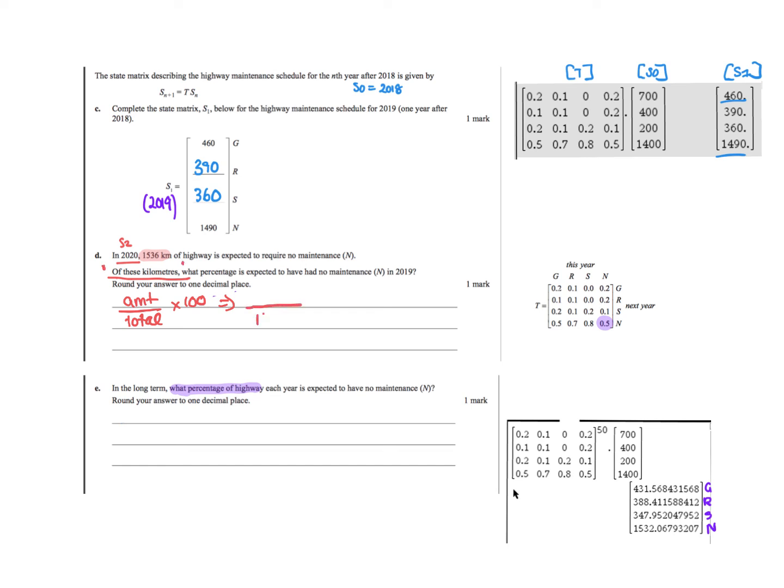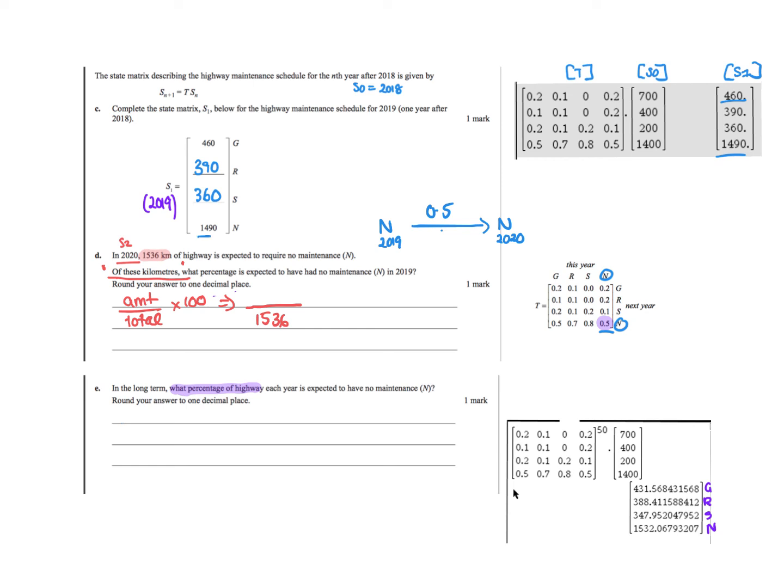So we know of these 1536, they were saying how many of them had come from the no maintenance in 2019. So what we're essentially looking at is the no maintenance in 2019, and we want to go to no maintenance in 2020. So if you're going from N to N, it's a 0.5. So we're pretty much saying 50% of the no maintenance in 2019 go to no maintenance.